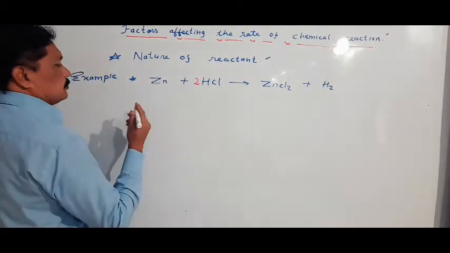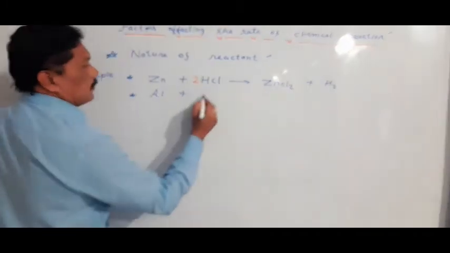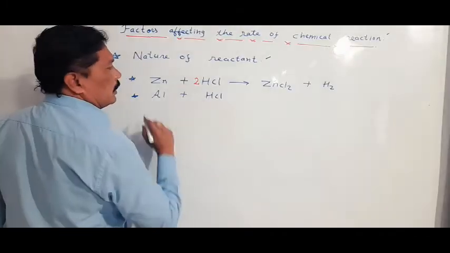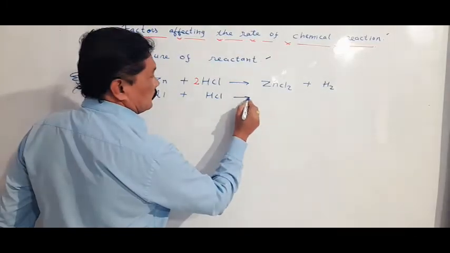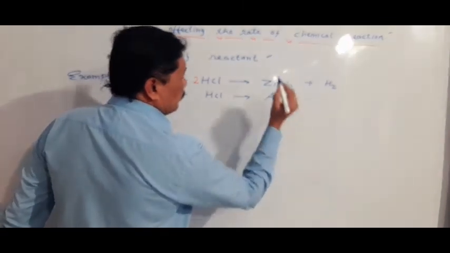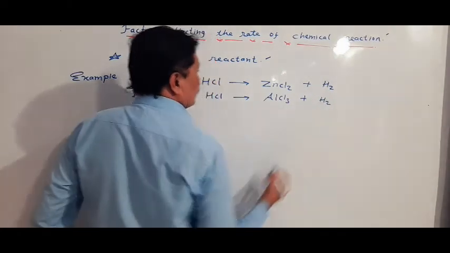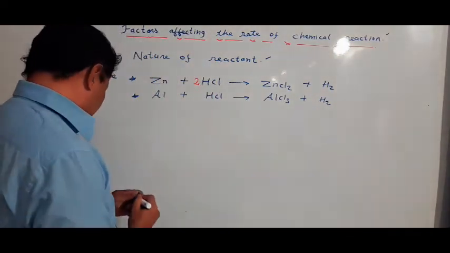Second reaction we will see: aluminum reacts with HCl. We get aluminum chloride plus hydrogen gas.